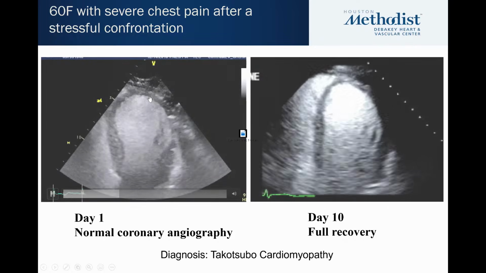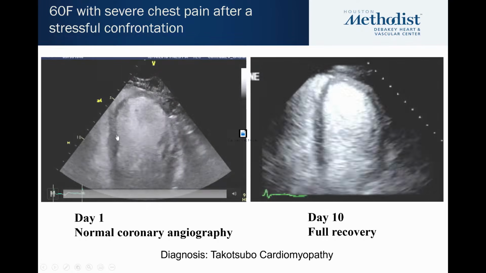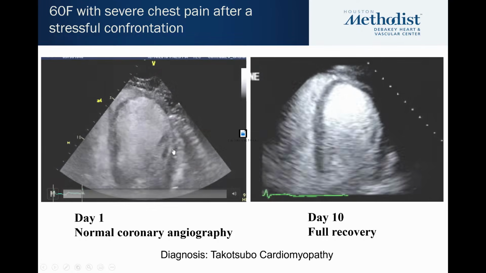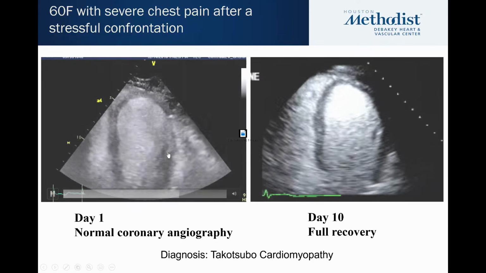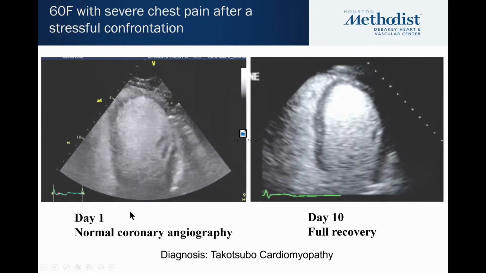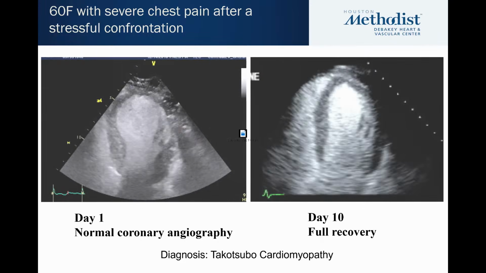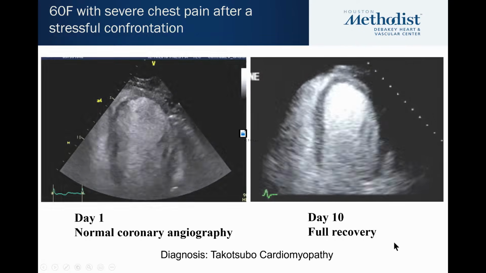I mean, the ST elevation, the echo looks like an acute MI. The most common pattern, typical Takotsubo, is apical, so they look like an LAD infarct. And most of them, not 100%, but certainly in the 80% plus, have a nice recovery over 10 days or so, as this patient did.